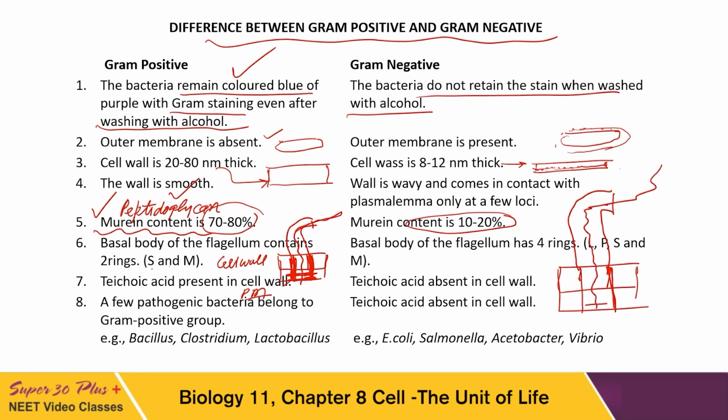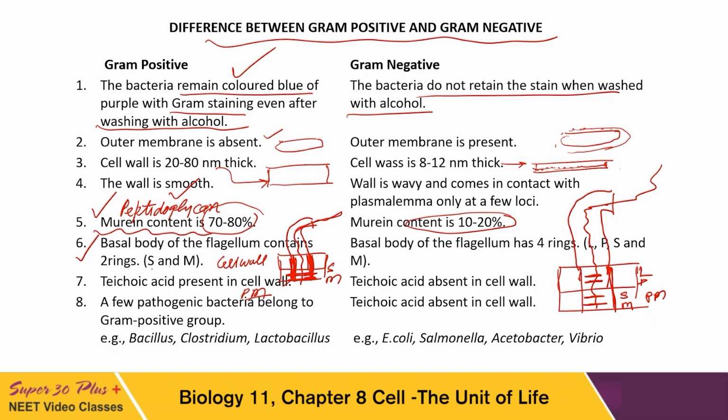Two rings are present in the plasma membrane, and two rings are present in the cell wall. The rings present in the cell wall are known as L and P, and the rings here are known as S and M. In this case only two rings are here, S and M, while here we have four rings. This sometimes may come in examination.